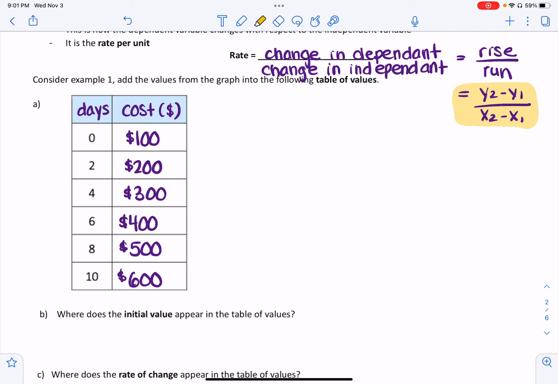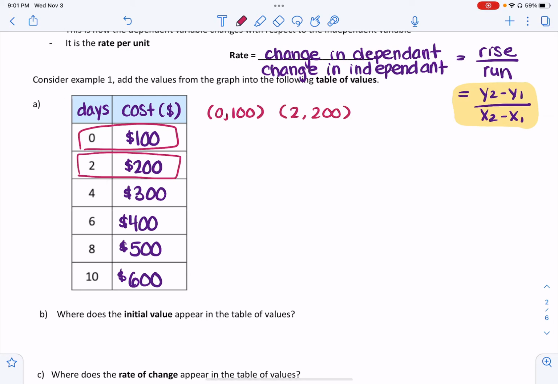And when we're picking those points, y2 and y1, I can pick any points I want. So for example, I could pick this point and this point. So we would have the point (0, 100) and (2, 200).